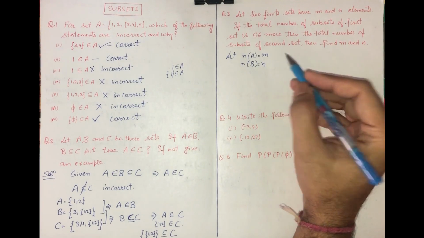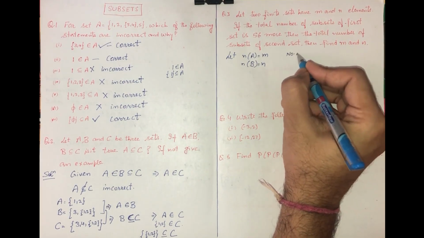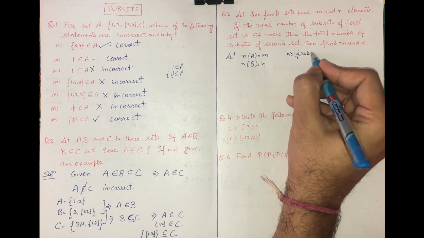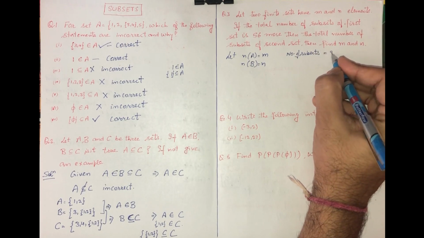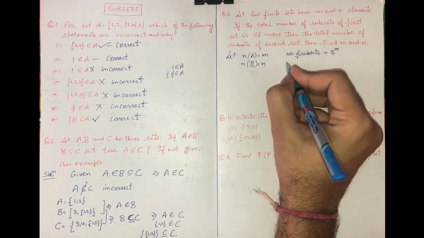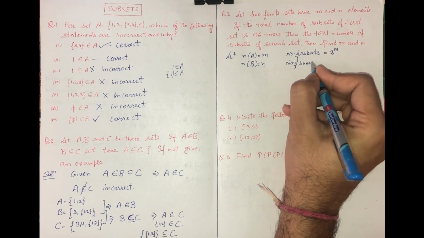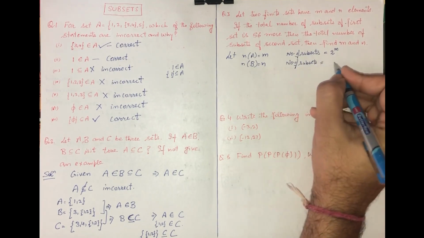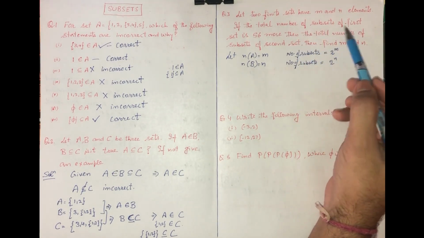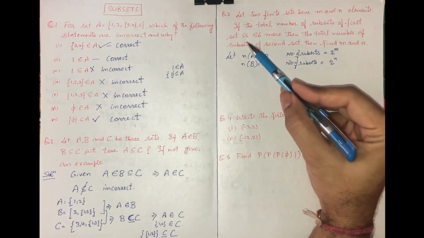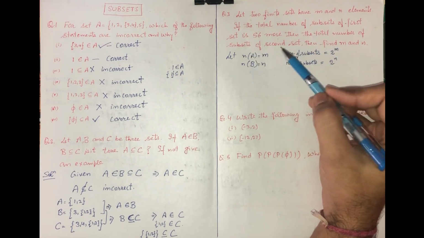Number of subsets of A is equal to 2 power M, and number of subsets of B, 2 power N. We are given that subsets of first set is 56 more than the total number of subsets of second set.